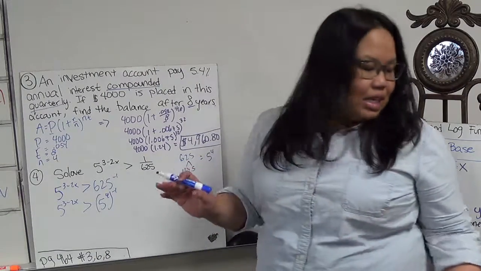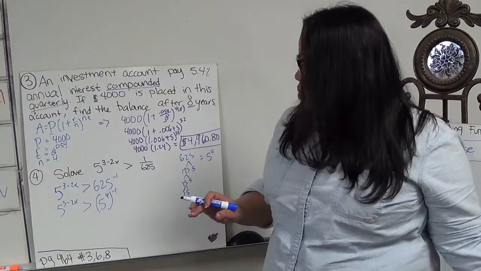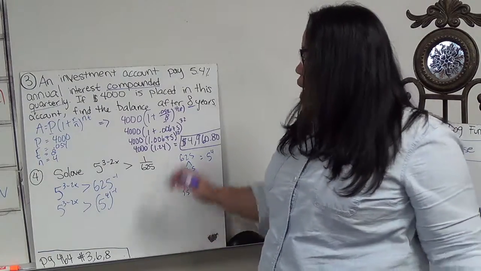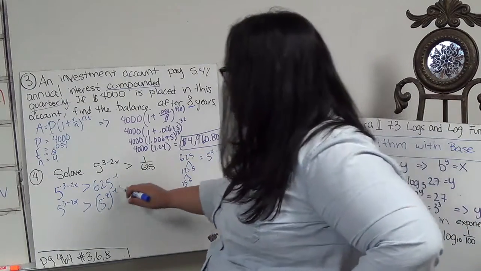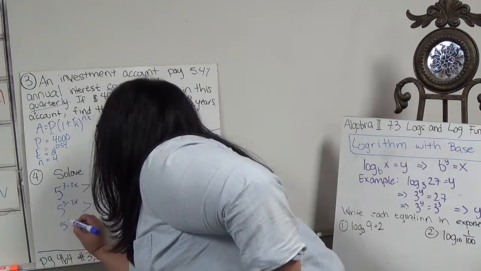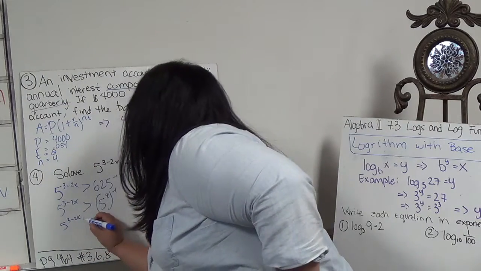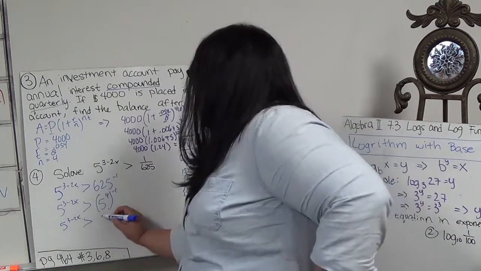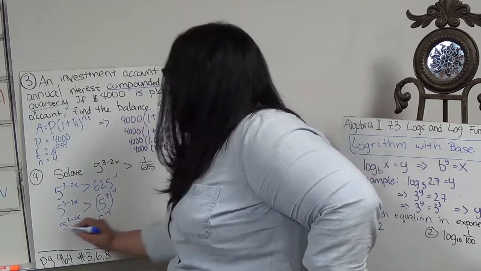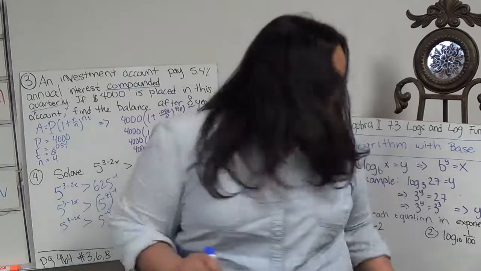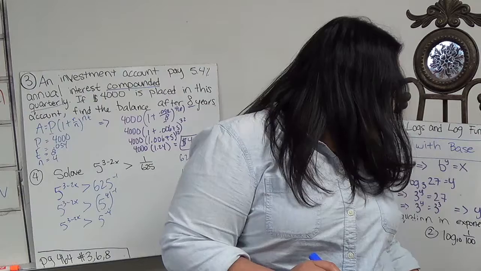So far, everything is the same as with the equal sign. So I multiply this together. This would be 3 minus 2x is greater than 5 to the negative 4. Now my bases are the same. Because my bases are the same, I look at the property.